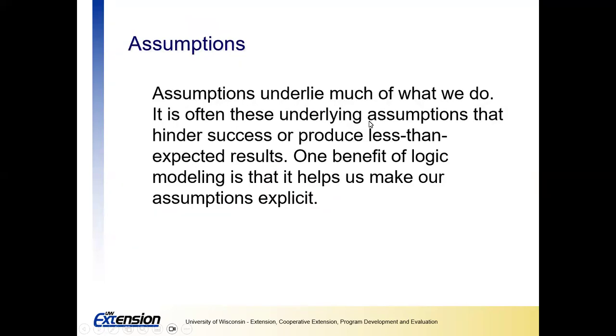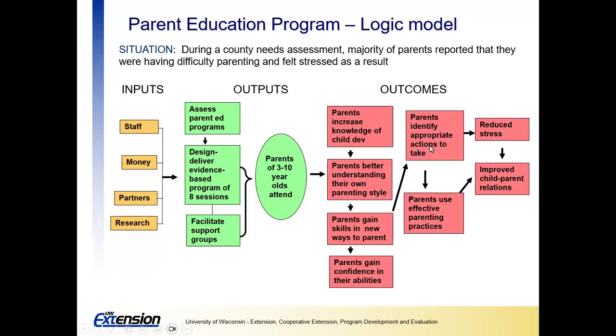Your short-term, your midterm, and your long-term outcomes. Your short-term outcome, just to give one example, is that you plan to make sure that parents increase their knowledge of child development.